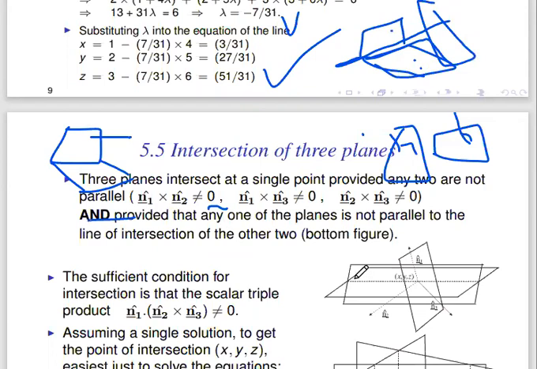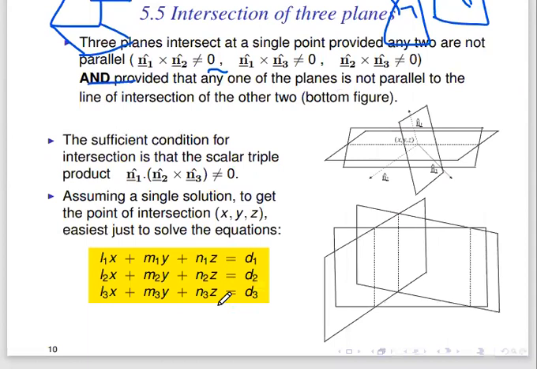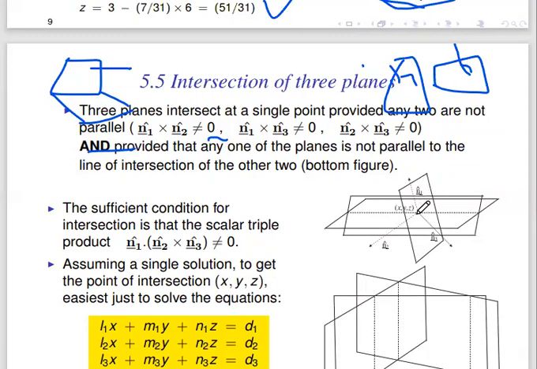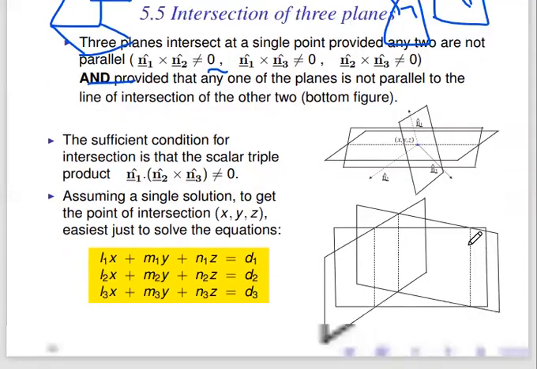And provided that any one of the planes is not parallel to the line of intersection, then we can say those three planes cut at a single point in space.